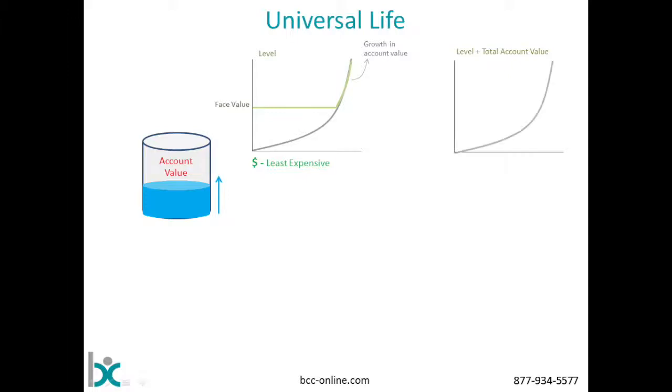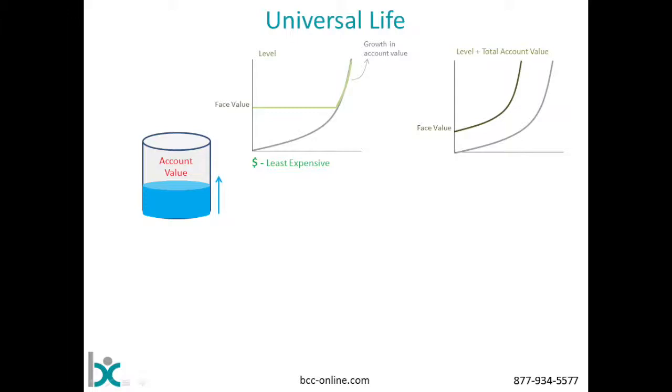If you have a level plus total account value policy, what happens, you purchase the policy at a certain face value, you have this account value that grows as you own the policy. The difference between this and the level structure is that those 2 amounts will grow together now. So every dollar of accumulation in your account value represents an extra dollar added to your face value.